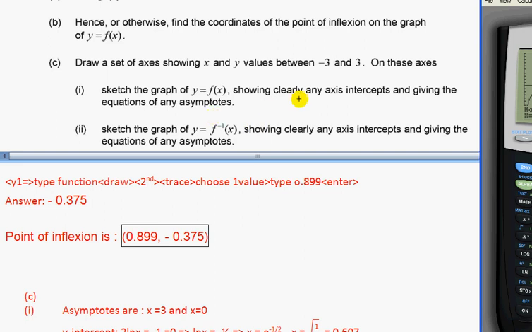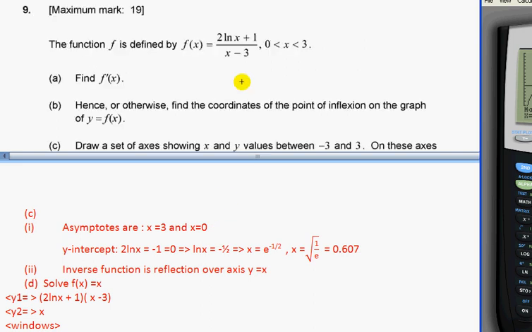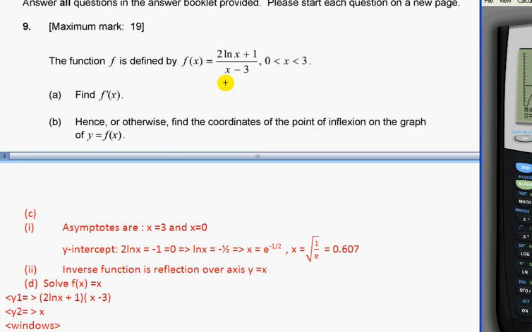This is our function. So x equals 3 is one asymptote. Another asymptote is x equals 0, because x cannot be 0. So when x equals 0, f becomes infinite.